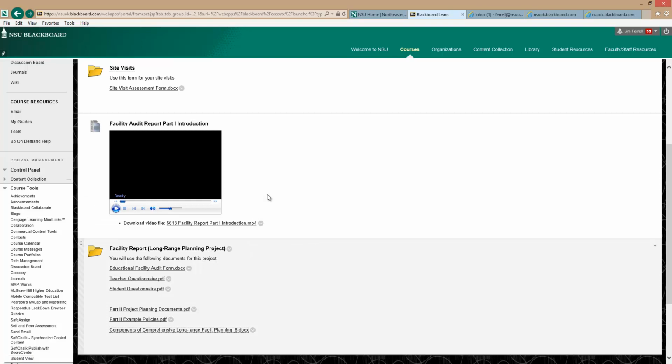The final part then is you're going to take all of this and put it into a PowerPoint presentation where you briefly explain your building, the teacher's perceptions in your building based on those questionnaires, and the students' perception based on their questionnaires, and then you're going to look at long-range planning for your district using the audit criteria, those 8 criteria that we listed, and put all that together in a PowerPoint presentation.